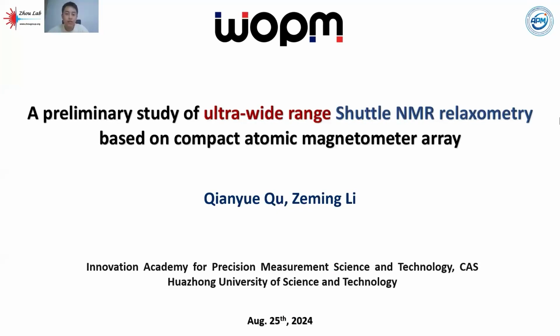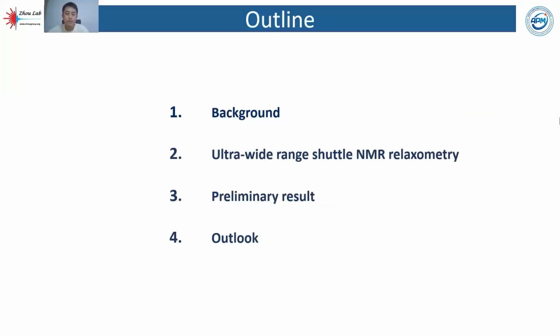The title of my talk is a preliminary study of ultra-wide range shuttled NMR relaxometry based on compact atomic magnetometer array. As this part of the work is still in progress, I will primarily share a series of recent advancements made.